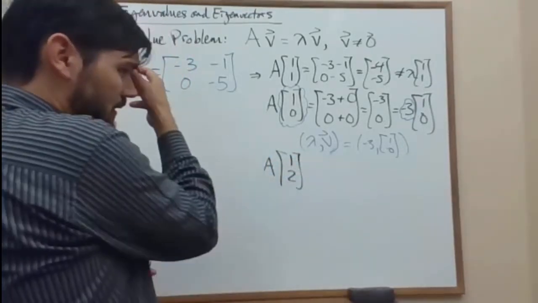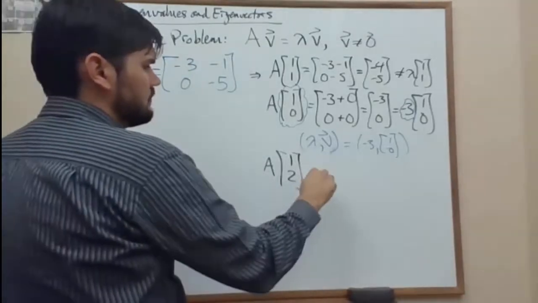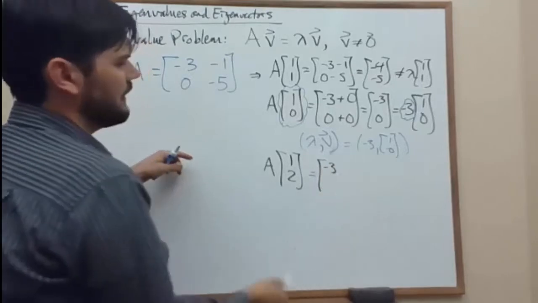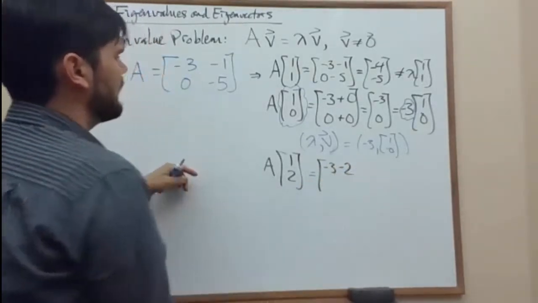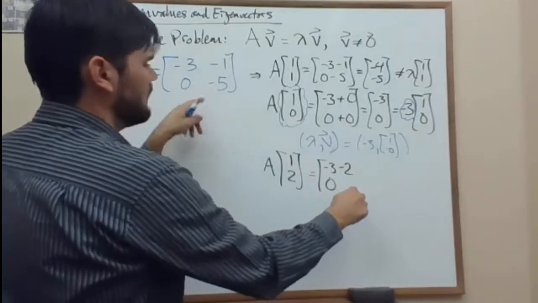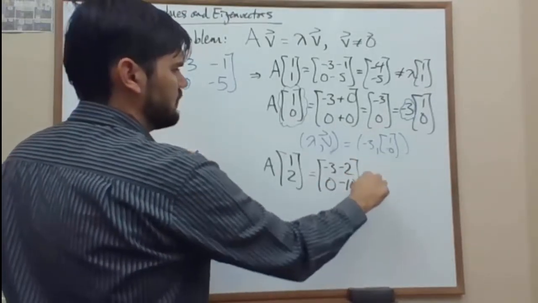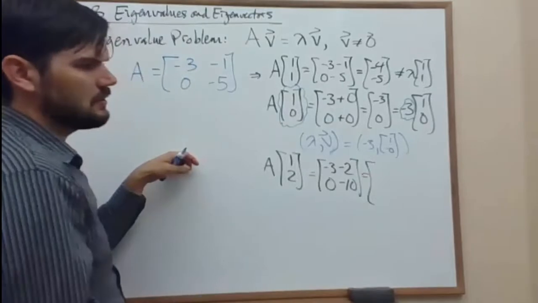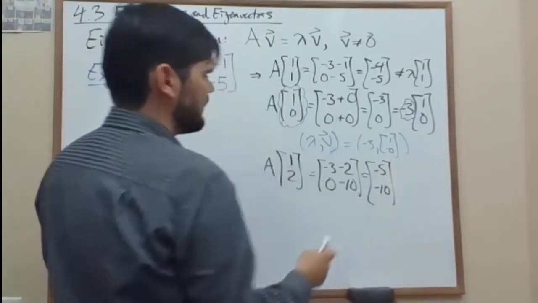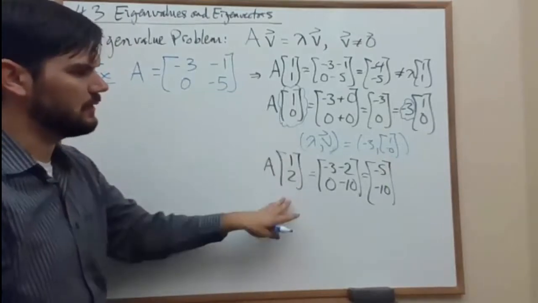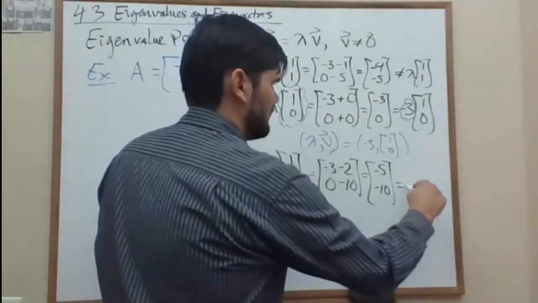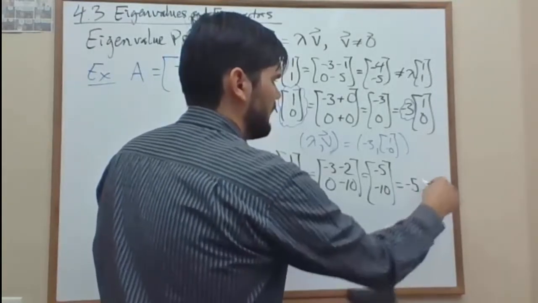Okay? So I'm multiplying it through. I have a -3, and then I subtract 2 from that. And on the bottom, I have 0 and a -10. So that gives me a -5 and a -10. And I check, is that a multiple of my 1, 2? Yes. With eigenvalue -5.